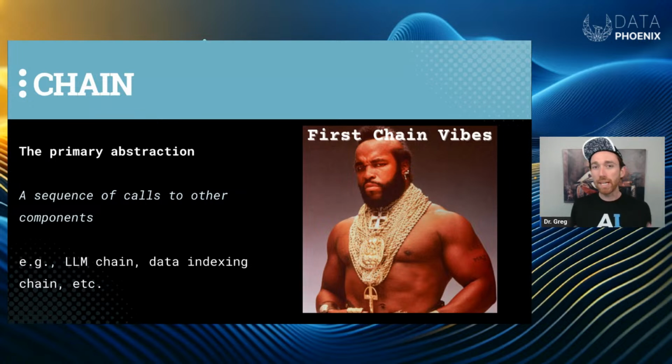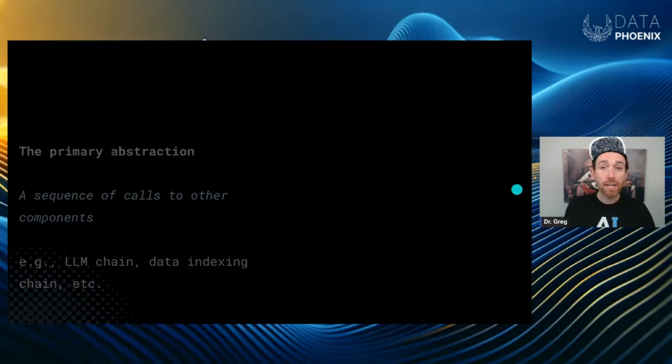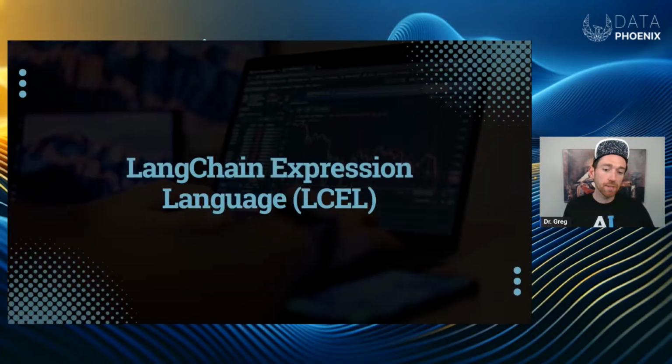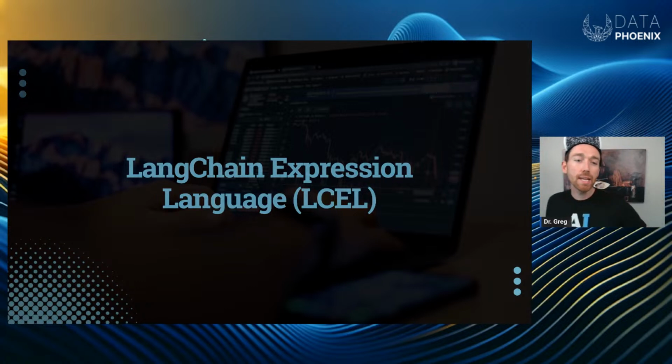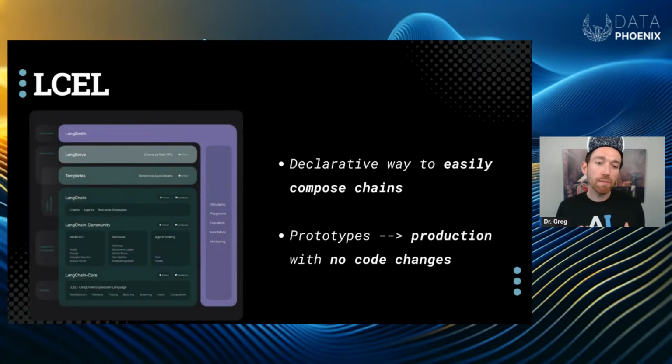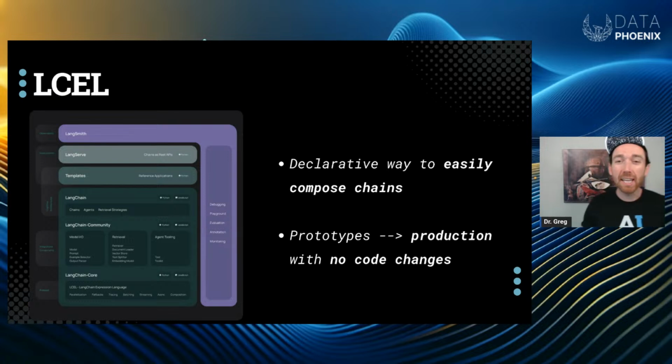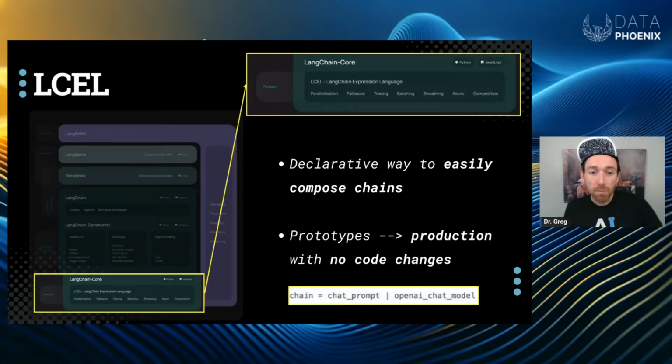So we're not really doing anything super complicated here by chaining things together. LangChain Expression Language is a way to easily compose chains. If you think of the loops in a chain, these are creating the loops. In LangChain, these loops are called runnables. There are a lot of details associated with LangChain Expression Language that you can look into, and I highly encourage you to do that.